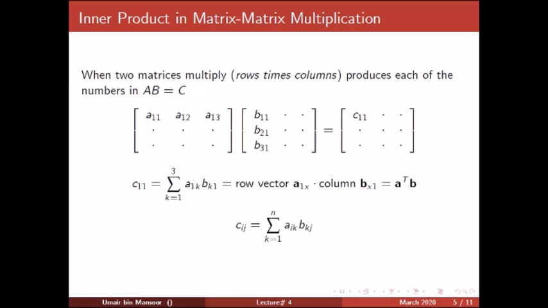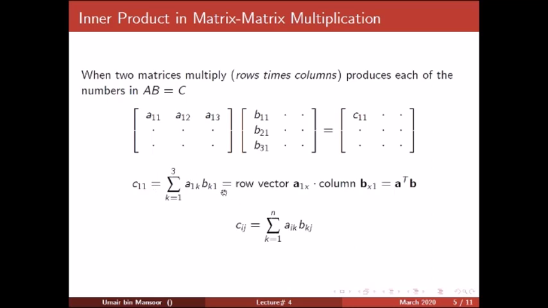As is visible, if we want to find the first element of matrix C, that is C11, it is actually the dot product or the inner product of the first row of matrix A and the first column of matrix B. How it works is, it is the product of A11 B11 plus the product of A12 B21 plus the product of A13 B31, which is shown here in this mathematical formula, how the element C11 is generated.